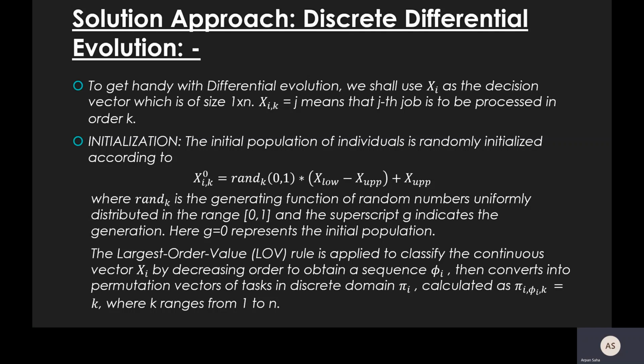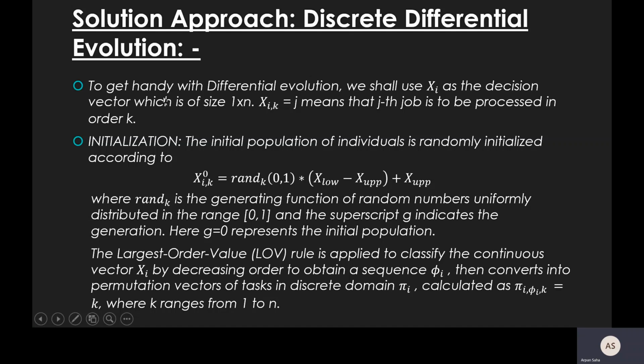So clearly, the decision variables take a discrete number of values. That's why we can't directly use the differential evolution technique to solve this problem. So we use a modified version of differential evolution, which is called discrete differential evolution. So we are making use of this discrete differential evolution to solve our problem.